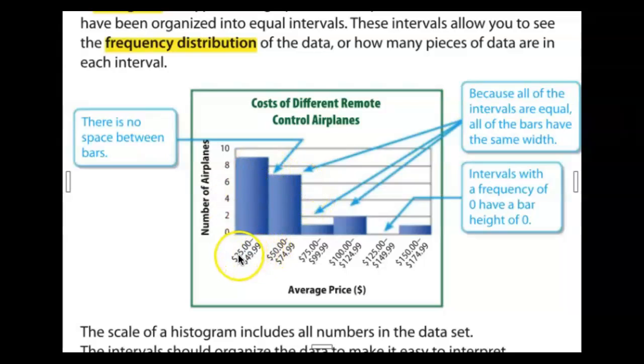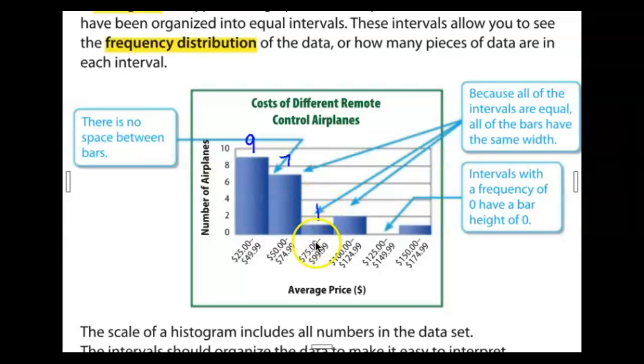So coming back here, between $25 and $49.99, it's between 8 and 10, so there are 9 planes in that range. Then we have $50 to $74.99. Between 6 and 8, there are 7 in that range. And then $75 to $99.99, there is 1 plane.